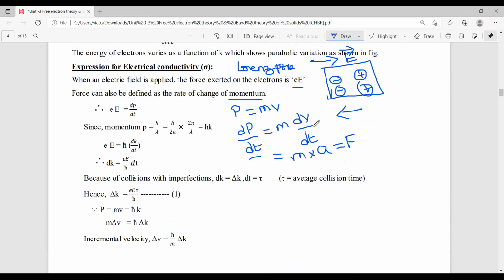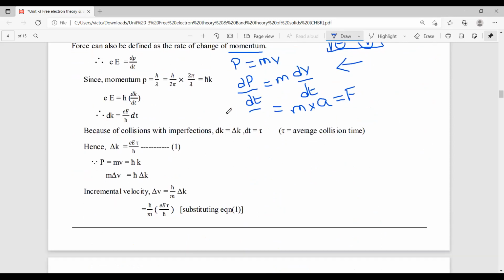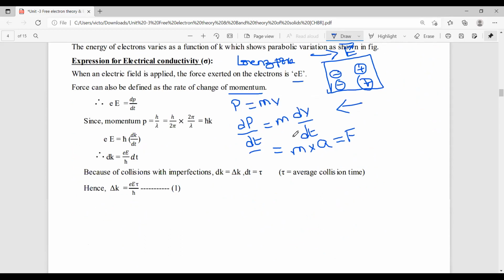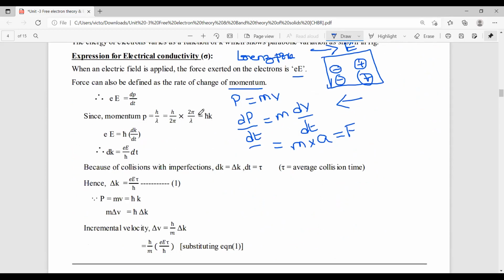Now substitute here P equal to ħk. eE equals d/dt of P, which is ħk. Here ħ is constant, so we write ħ dk/dt.